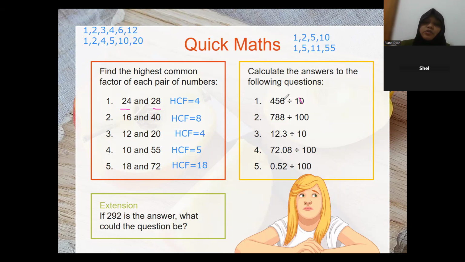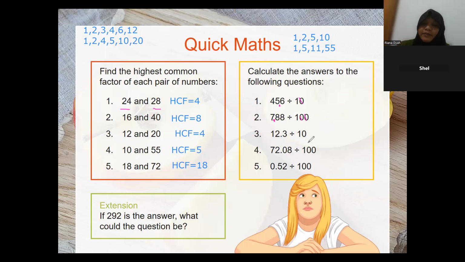Then you put the decimal point in here, after one number. And if there are 2 zeros in the multiple of 10, you need to move it twice. 1, 2. So the decimal point will be here.